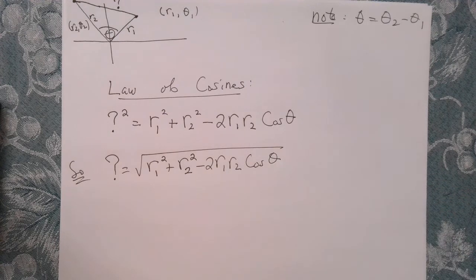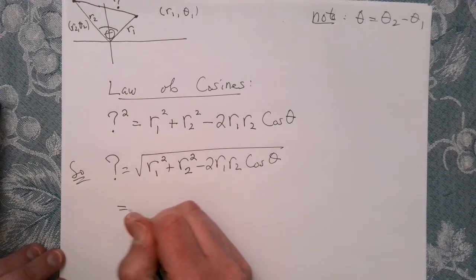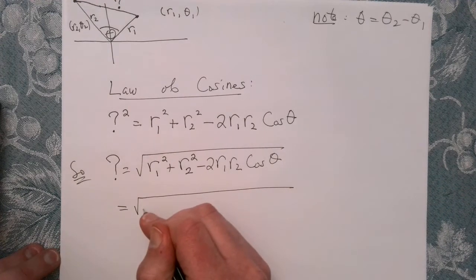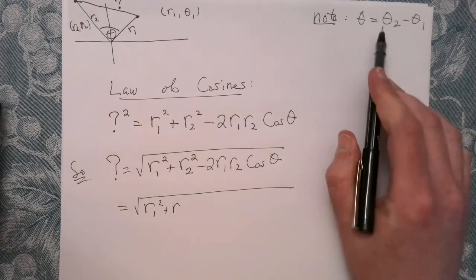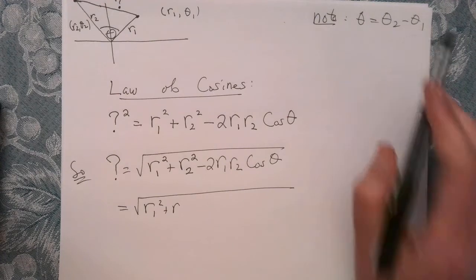But what is theta? Well, theta is exactly theta 2 minus theta 1.